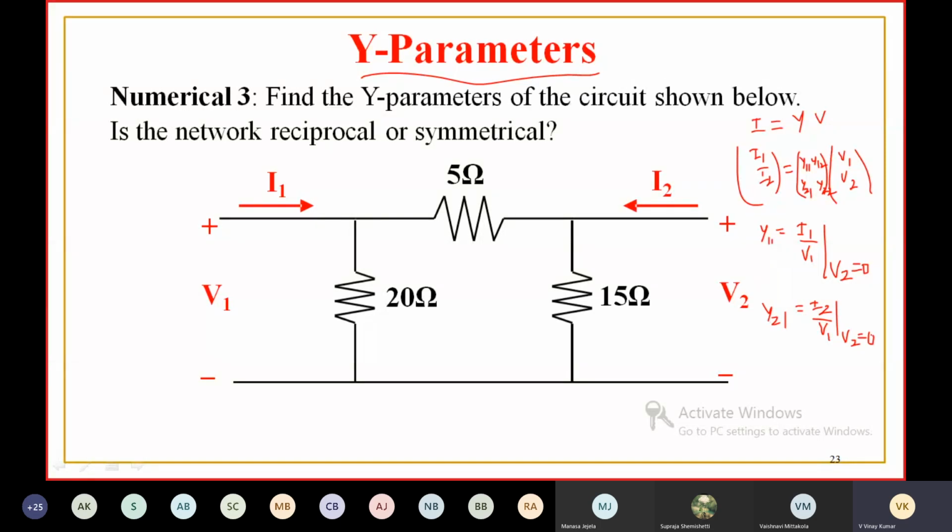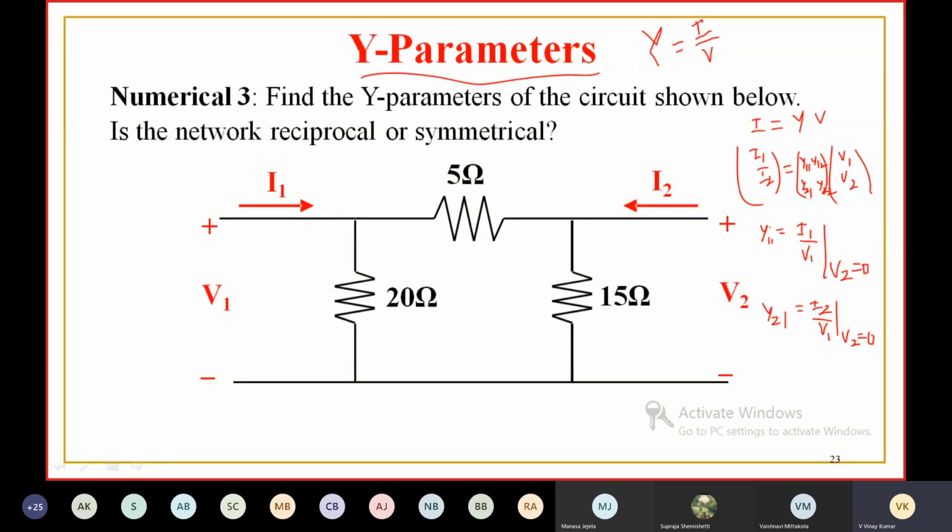You remember like this. What is admittance? Admittance is the ratio of current to voltage because it is the reciprocal of impedance.